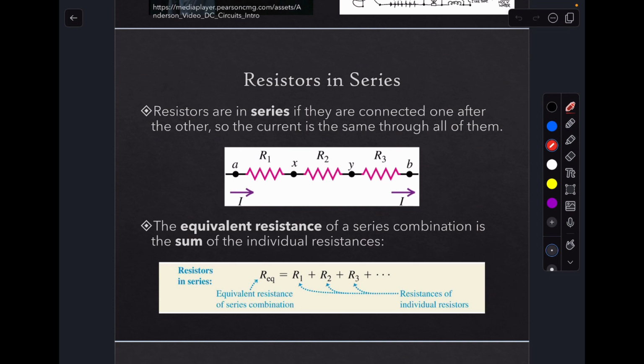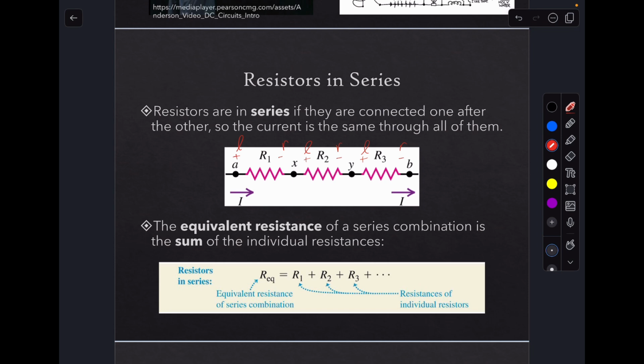The first thing we're going to discuss is resistors in series. When you have resistors in series, they're connected one after the other, so that the left hand, if you will, is connected to the right hand. You could also compare it to the positive side touching the battery to the negative side of the battery. That's a series connection.